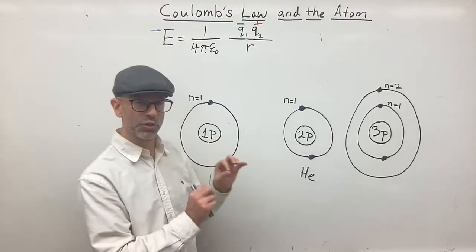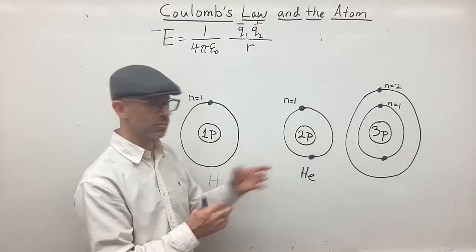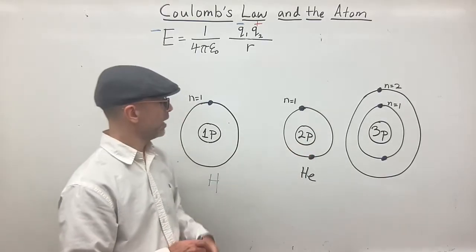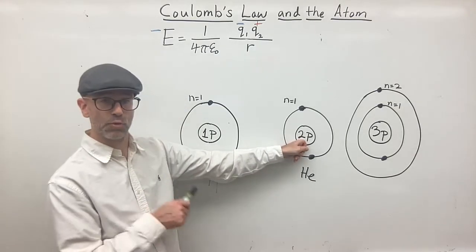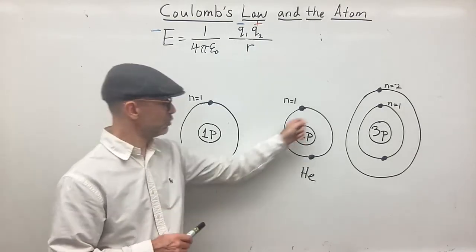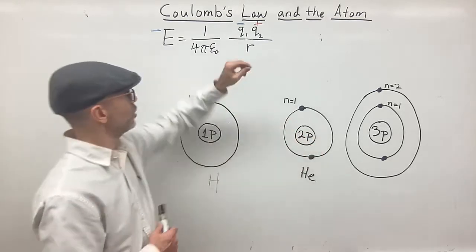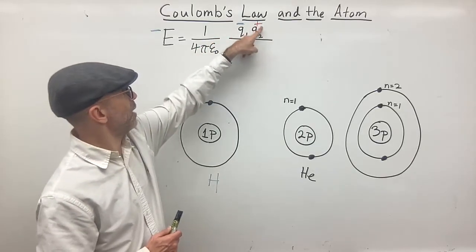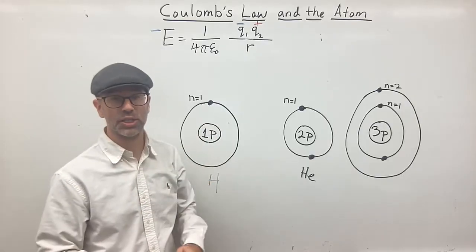So these electrons are kind of shielding each other from the attractive force of the nucleus. And here, I also want to point out the fact that we have two protons in this nucleus. So this nucleus has a total of a 2 plus charge. So not only do the signs of the charges matter, but the size of the charge itself.